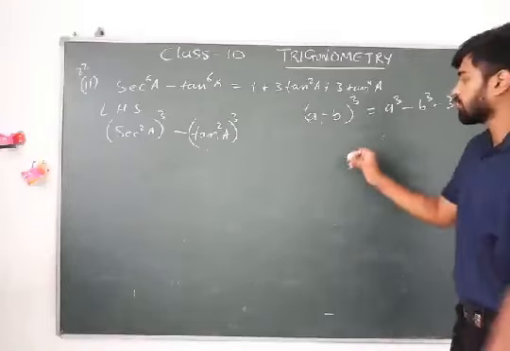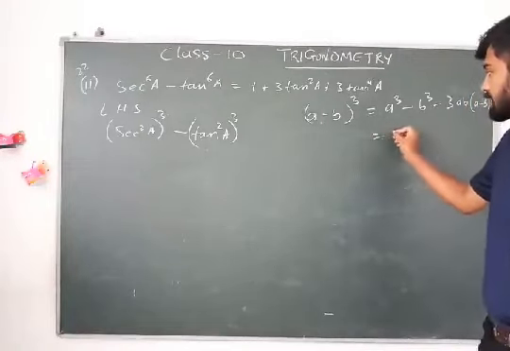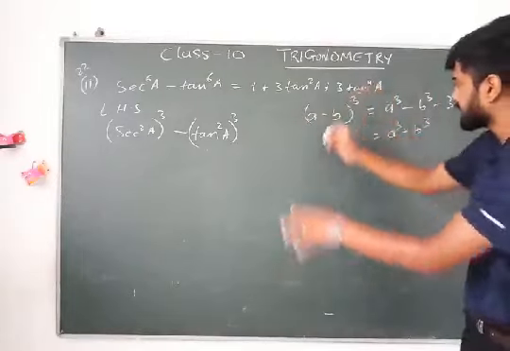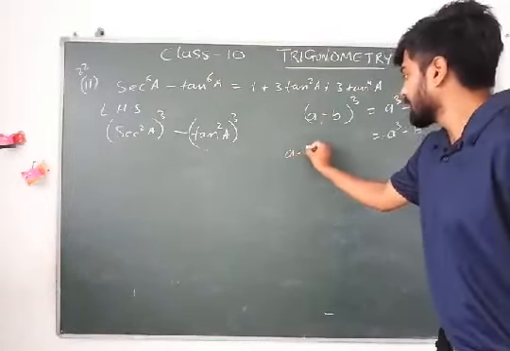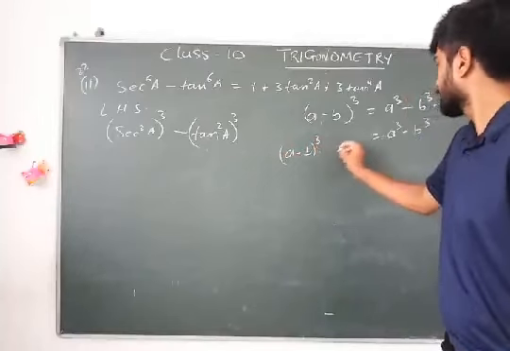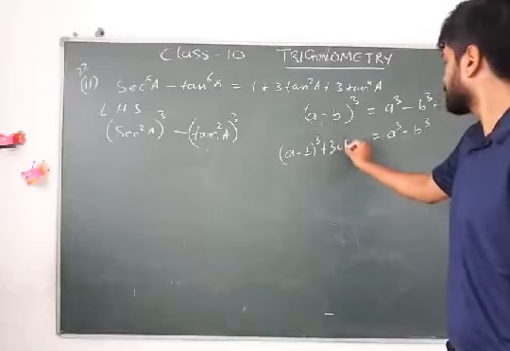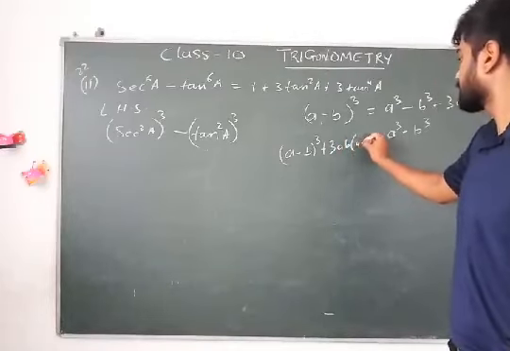I have to make a formula for A cube and B cube. So here it is, A cube minus B cube. I'll leave this on this side, everything else I'll take on that side. So A minus B whole cube, and this is going to go on that side, plus 3AB A minus B.